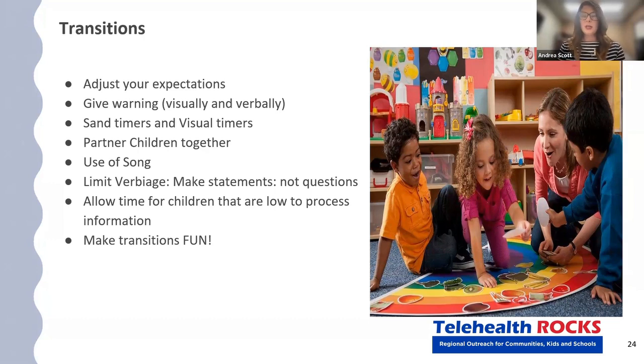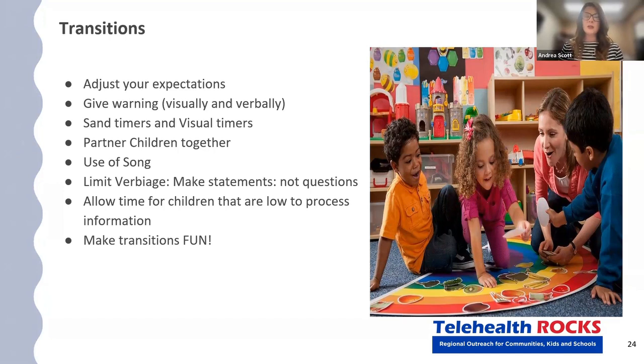Then limit language. If you are going to ask a question, you're going to get an answer from a child, so be ready for that answer. Also, let's make sure that we aren't asking too many questions or giving too many directives, like, I need you to go put this in the trash, and I need you to do this, and I need you to do this.